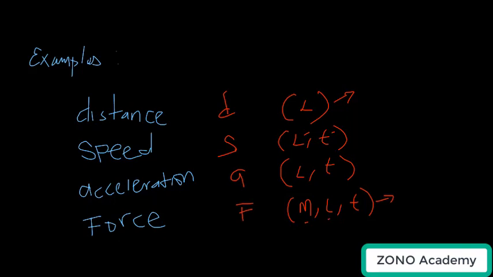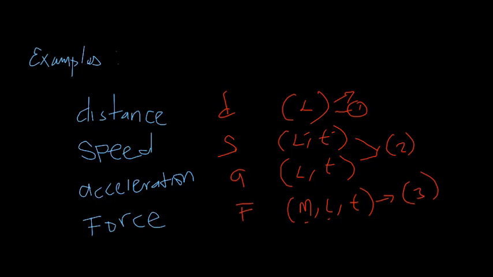So derived physical quantities could either be derived just directly from 1, or by a combination of 2, or basically a combination of all the 3. So this is how we derive the derived physical quantities. Now, the base units are the units of the base quantities that we discussed in the previous videos. Their units are referred to as base units.